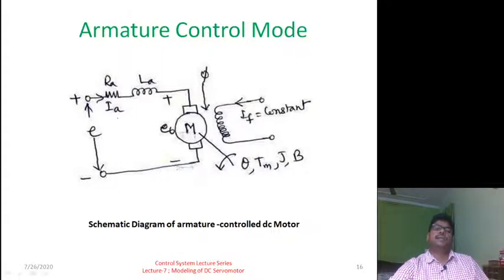That is, this current is armature current through the armature resistance Ra and armature inductance La, and in this case there will be a role of back EMF. That back EMF will be developed across this armature, and that back EMF will depend upon the speed. So back EMF is proportional to the speed.